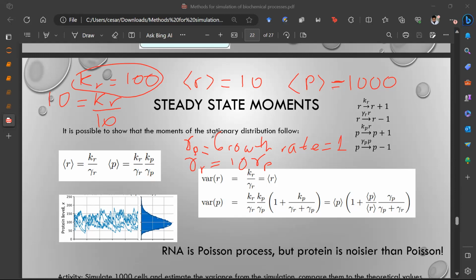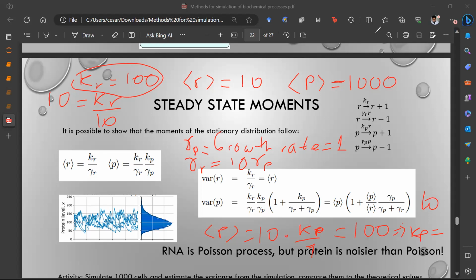If KR over gamma R is R steady state, that is 10, and gamma R is 10, gamma P is 1, and the protein mean is 1,000, then KP is 10.